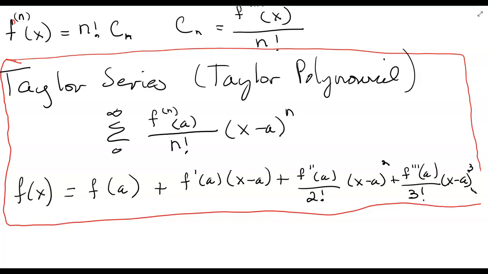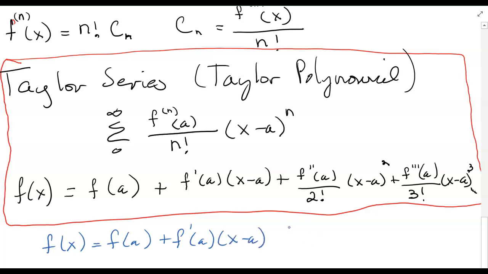A couple of cool things about this. You might recognize this piece of it. The first two terms of an expanded Taylor polynomial are just your linear tangent line at a.